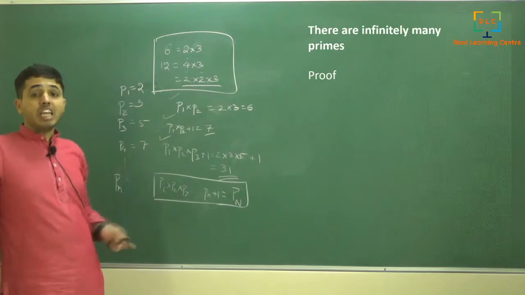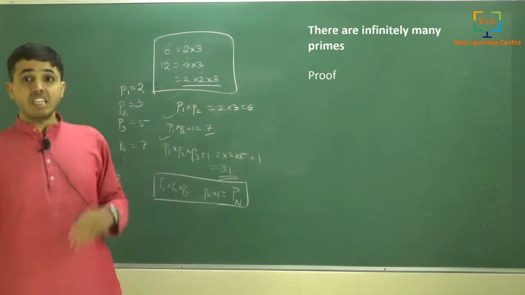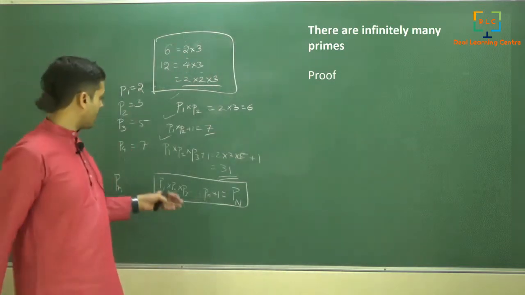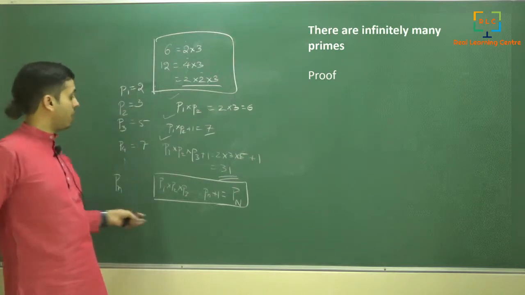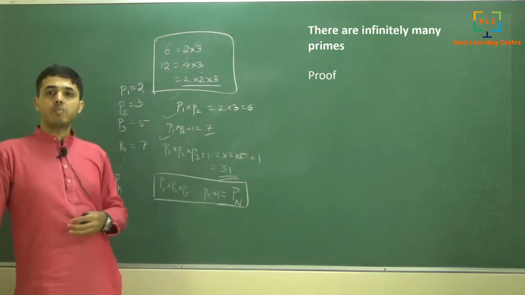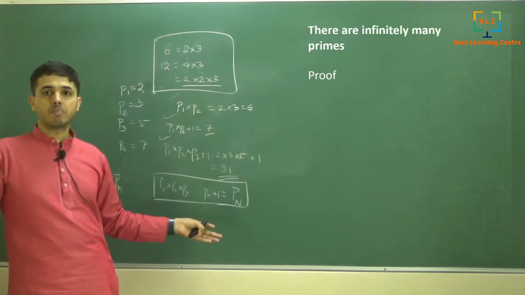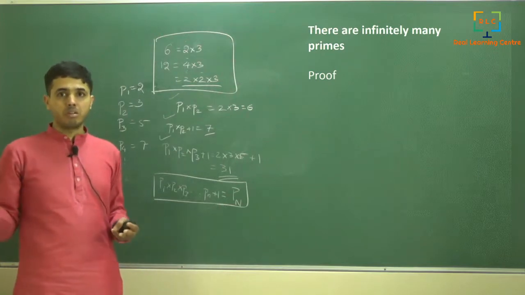Then if I consider this new number as my biggest prime number, I can repeat the same logic: P1 into P2 into P3 into P4 into Pn again, and you can add plus 1 to it. So you get a bigger number which may be prime or not prime.